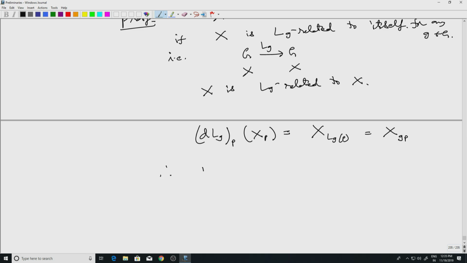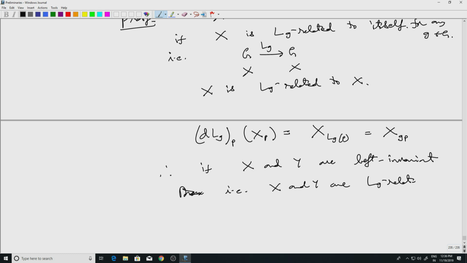Therefore, if X and Y are left invariant, i.e. X and Y are L_g related to X and Y again, then the Lie bracket [X,Y] is L_g related to [X,Y].